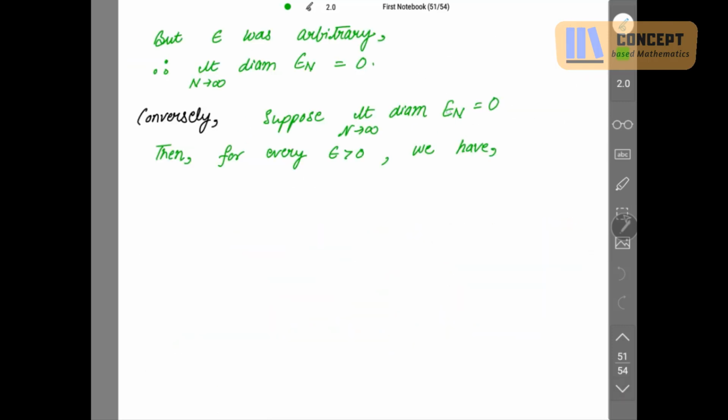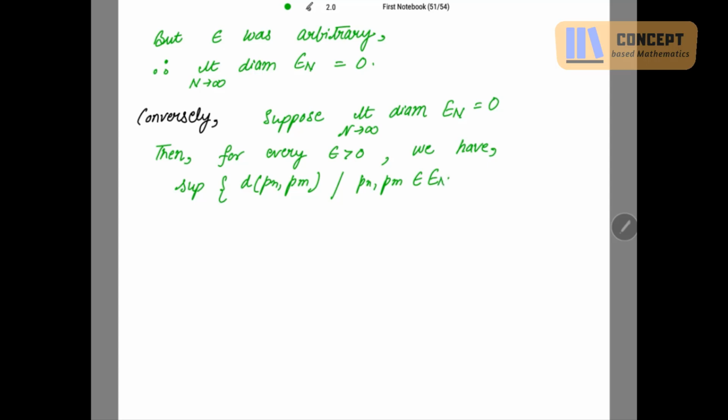So instead of the diameter of En, can I write the supremum of the distance d(Pn, Pm) such that Pn and Pm belong to En?